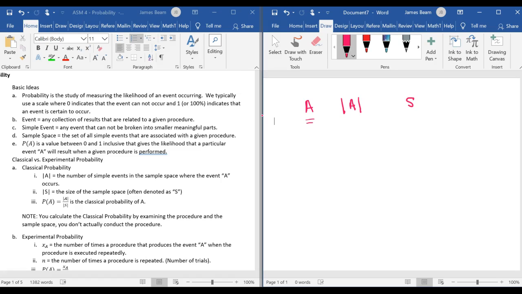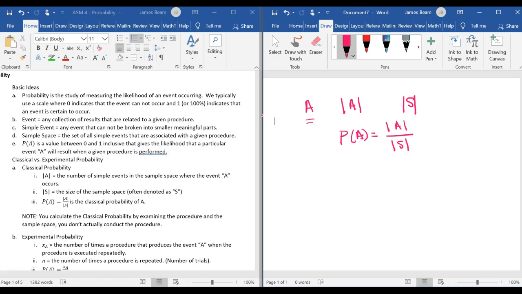S is the sample space, so this is all of the simple events that could occur. So the probability of A occurring is the number of different ways A can occur over the number of different ways the procedure can have outcomes.